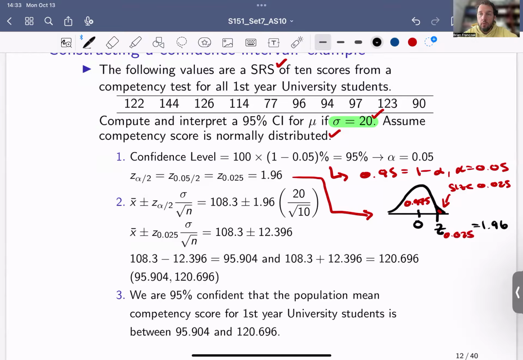If sigma is known, it means that we're going to be using a z-score. The z-score is found using a percentile of the normal distribution. So we're using the technique from lecture set 5, the second foundational technique, in step 1 of the interval construction. Then on step 2, we actually just plug into our equation, we build the interval, and then step 3, we interpret that interval.